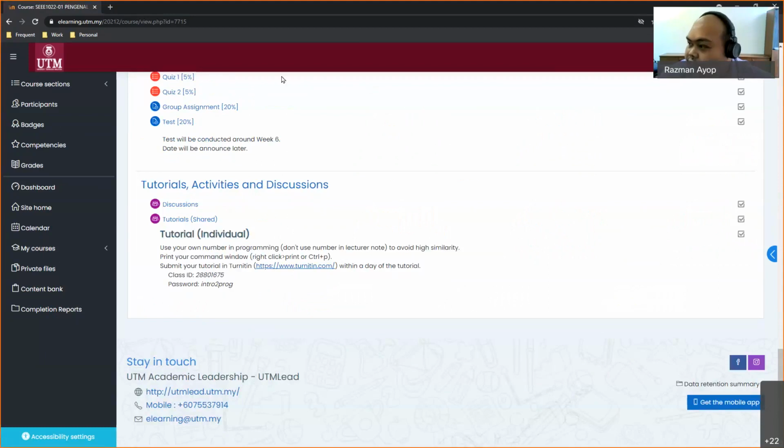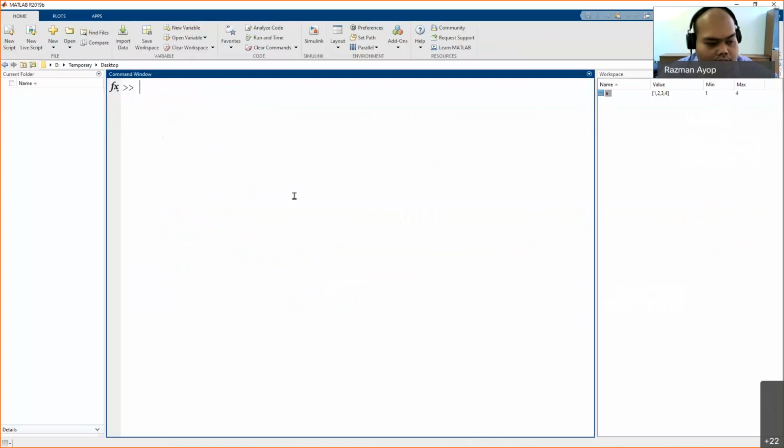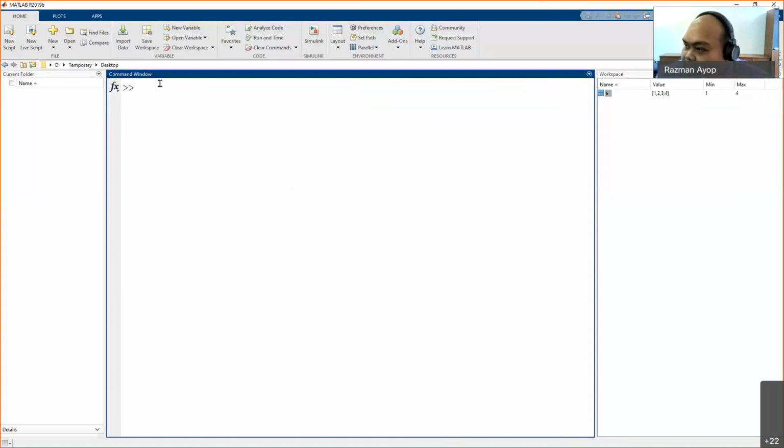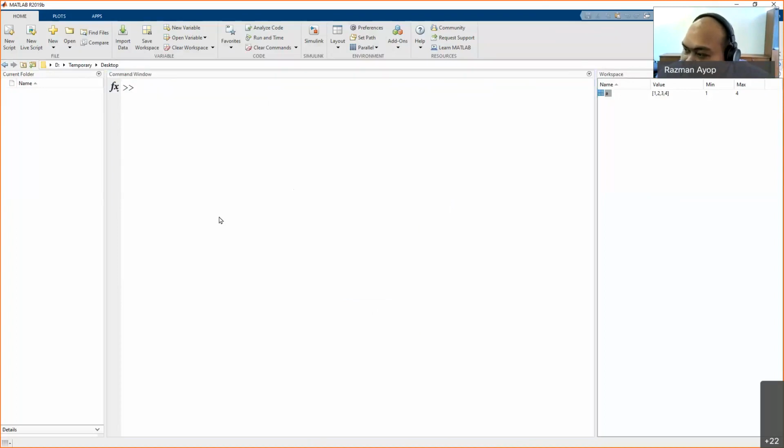If you look at the bottom, you can see that I write the tutorial individual. So you have to print screen here. You have to print screen, right click, at the command window and print it.